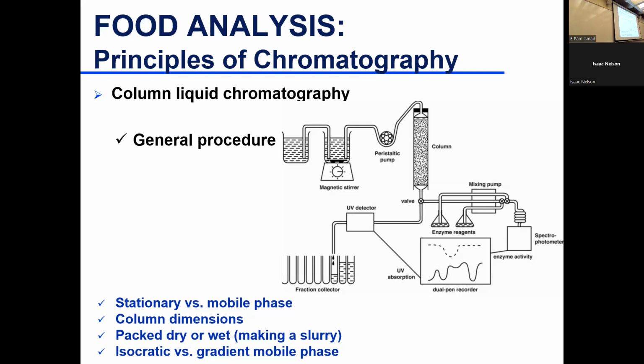So the longer the column, the better the resolution. The narrower the column, the shorter the time and also the better the resolution. So you get faster equilibrium between stationary phase and mobile phase. You get really nice sharp peaks. So narrow and long, you get really sharp peaks, very well separated from another peak next to it. So you have really good resolution.